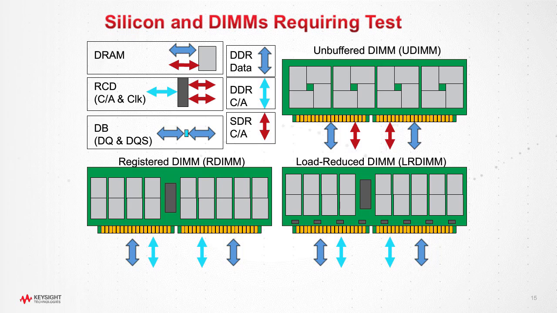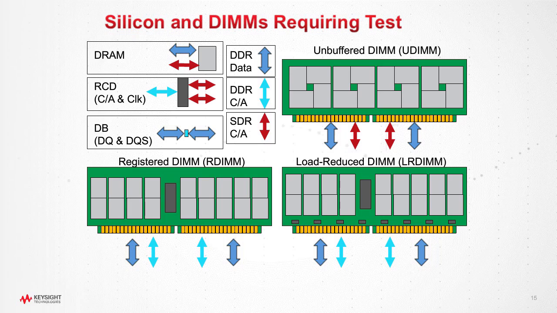You used to have buffered DIMMs, starting with DDR3, with DDR4. They added what's called a load-reduced DIMM, which adds a data buffer device to the command and address buffer. So basically, no matter how many DRAMs you've got on the DIMM, they will electrically look like a single load on the motherboard.